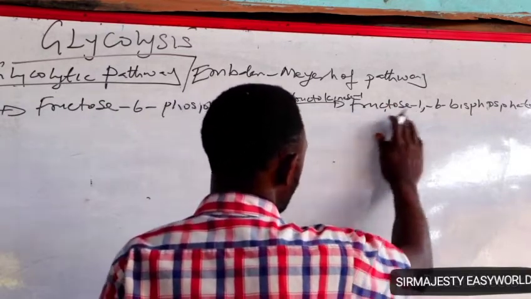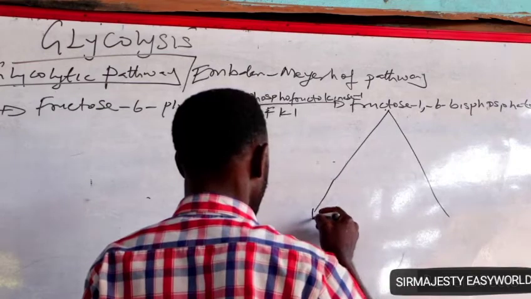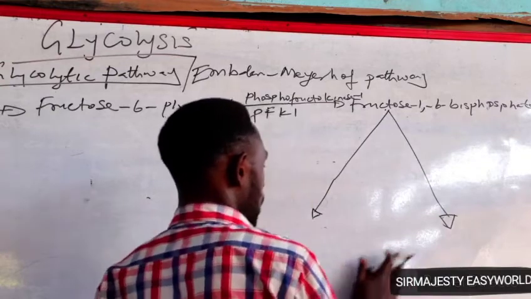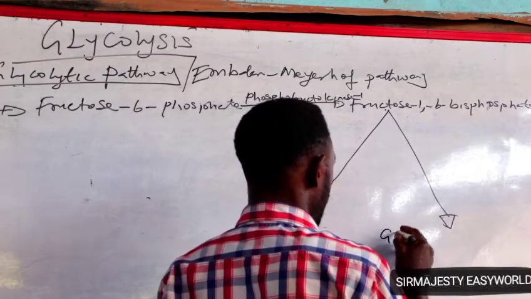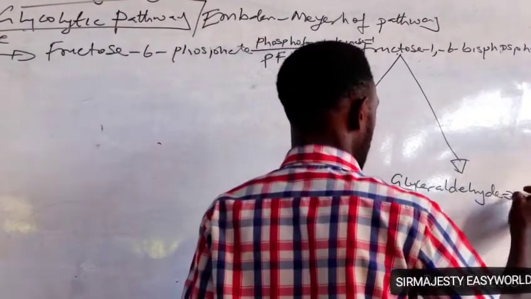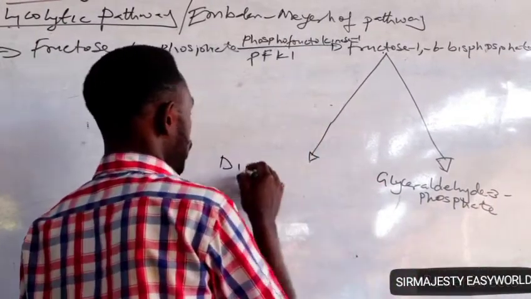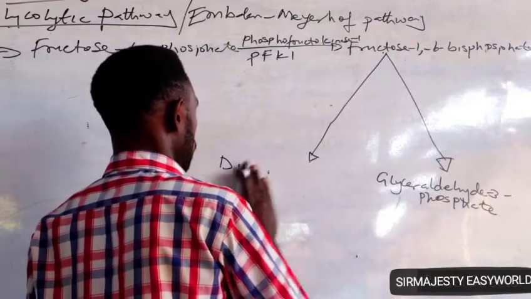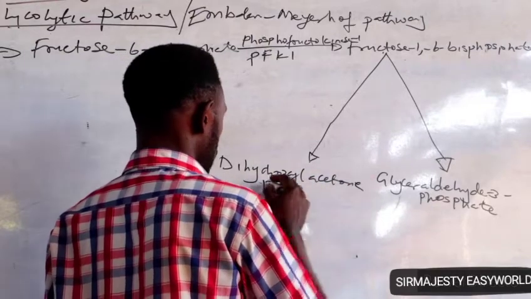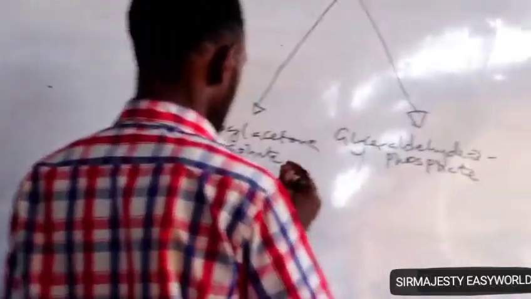the fructose 1,6-bisphosphate is now split into two triose compounds. That is, we have glyceraldehyde 3-phosphate and dihydroxyacetone phosphate.